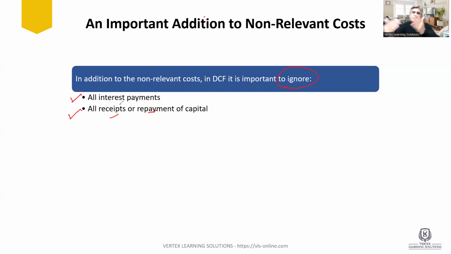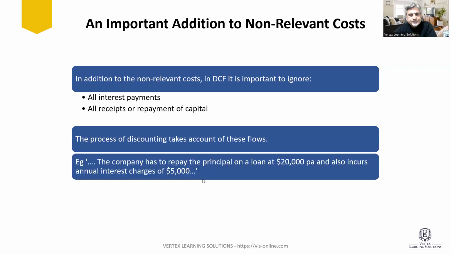So you calculate what cash comes in and what cash goes out. While making this table, you will ignore interest payments, although you might be paying interest, and you will ignore any repayment of your debt at this stage. So we ignore these two things: interest payments and capital repayments.